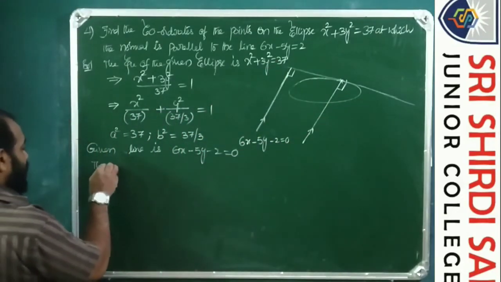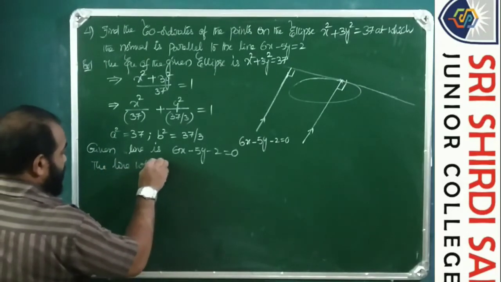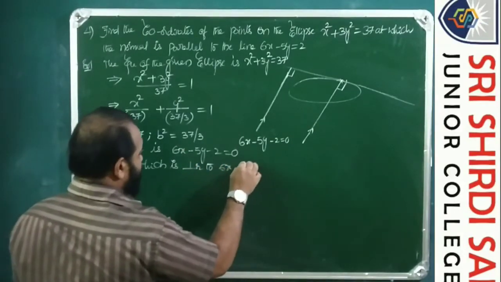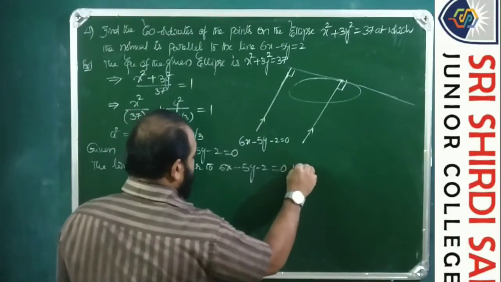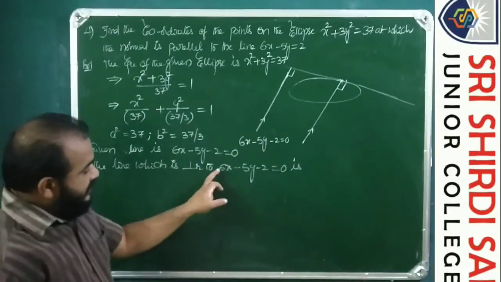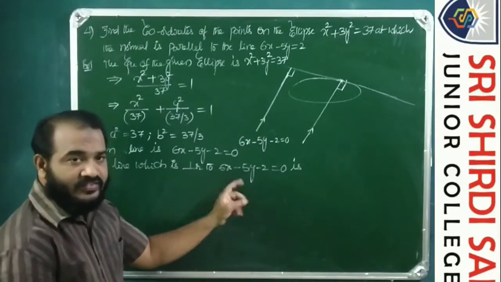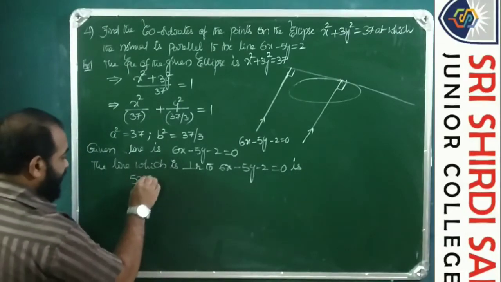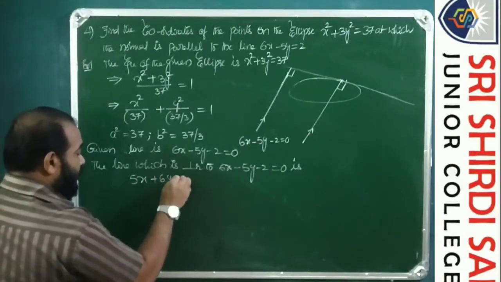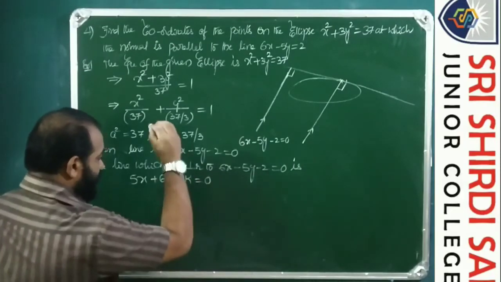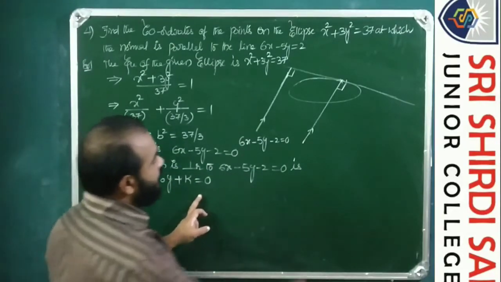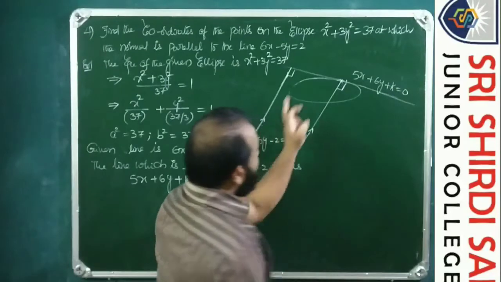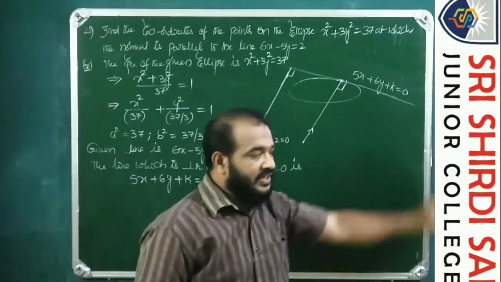So the line which is perpendicular to 6x minus 5y minus 2 equals to 0 is of the form where 6 and 5 are interchanged, the minus in between is replaced with plus, and plus k equals to 0. So this is 5x plus 6y plus k equals to 0. That is the equation of the required tangent.